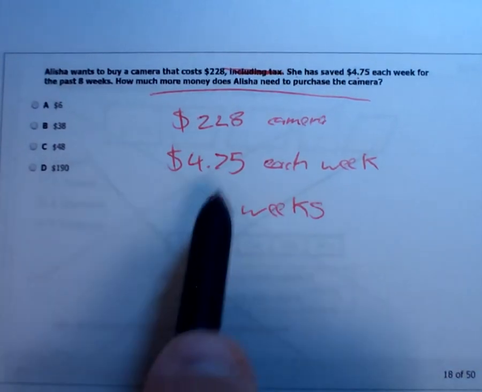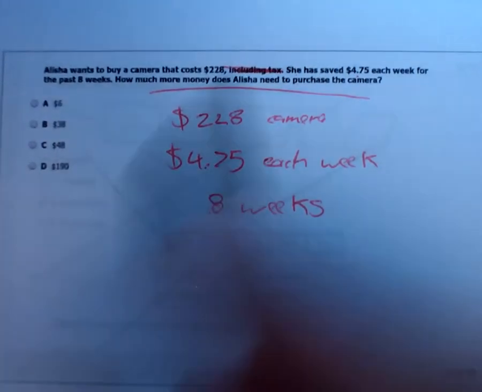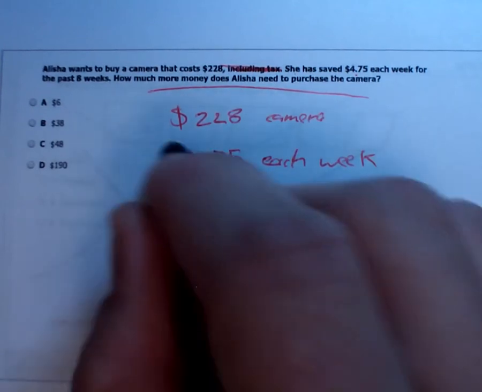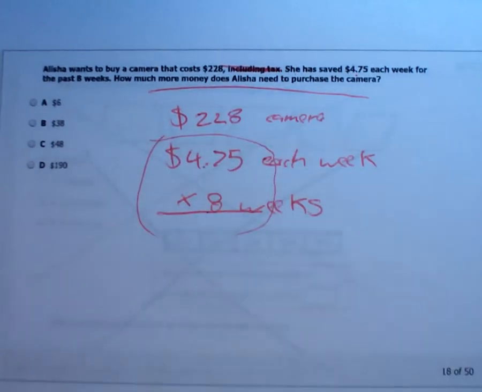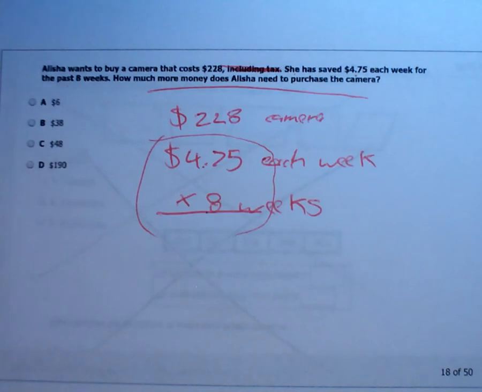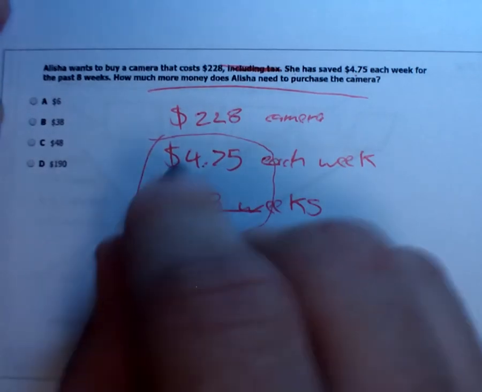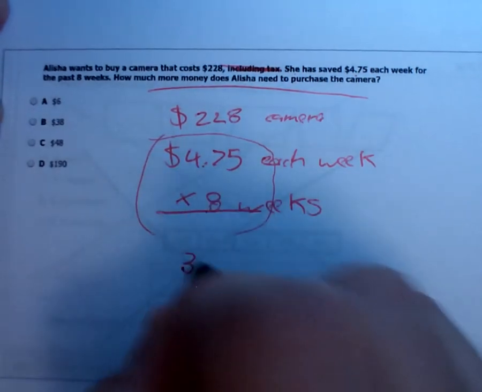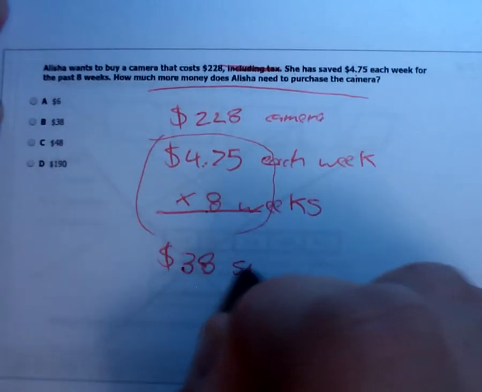So she's saying that in 8 weeks, she did this every week. So this is a times right here. These are going to be times. All right, so 4.75 times 8. Doing it in the calculator. 38. So she has $38 saved up so far.